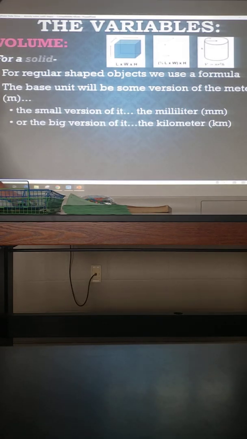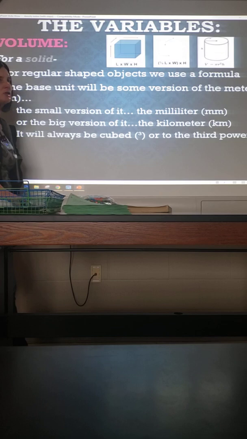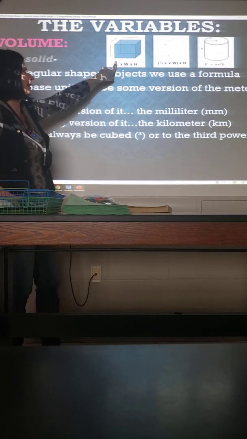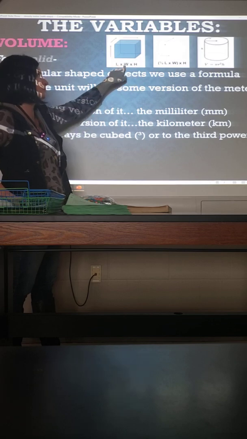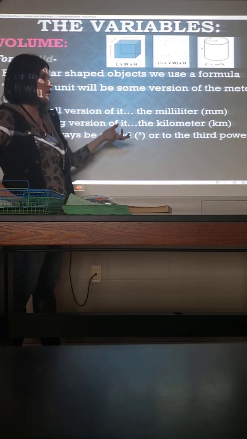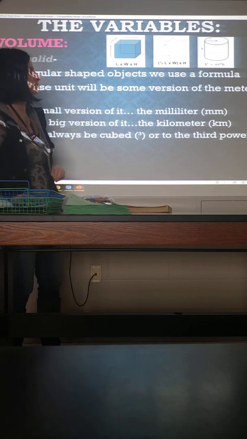Big version, the kilometer. It's always going to be cubed, or raised to the third power, because you're taking a length unit times a length unit times a length unit, a meter times a meter times a meter. So you get a meter cubed, or a centimeter times a centimeter times a centimeter, cubed.